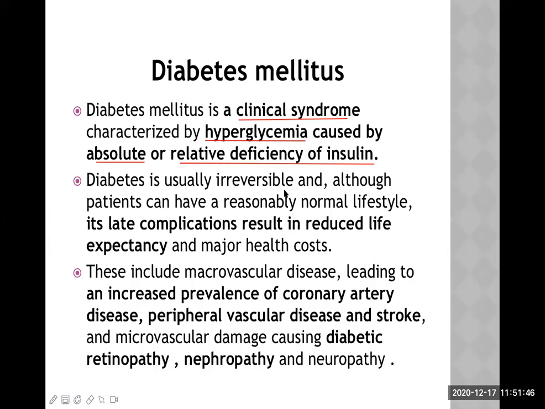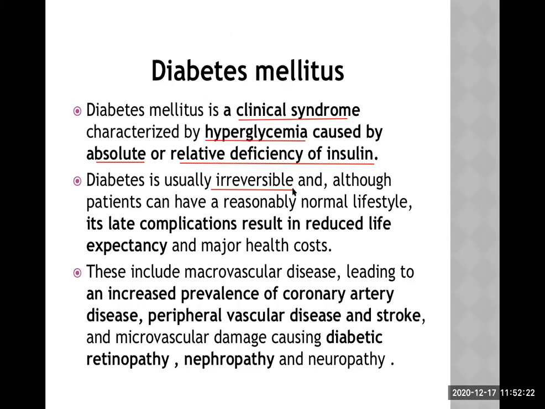Diabetes is usually irreversible, and although the patient can have a reasonably normal lifestyle, its late complications result in reduced life expectancy and major health cost. So let's elaborate this important point here. Diabetes is usually an irreversible condition. Once it develops, and once we have diagnosed it and started the treatment, the treatment will continue for probably the remaining period of life.